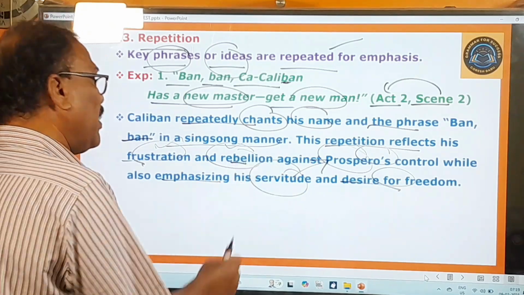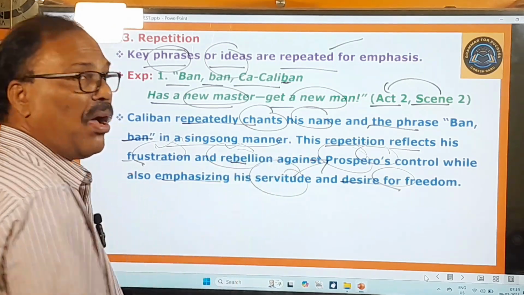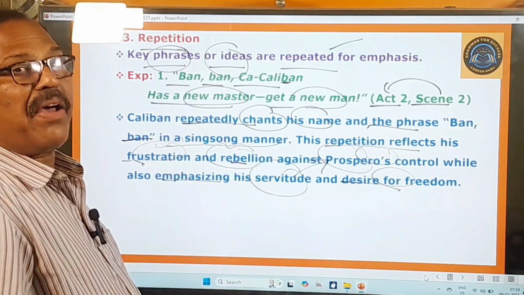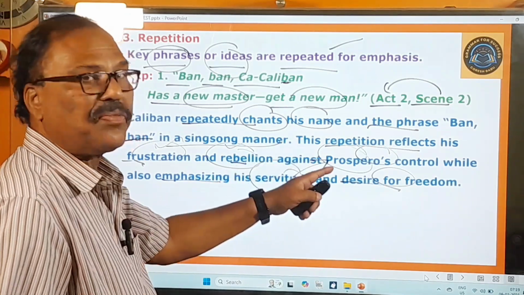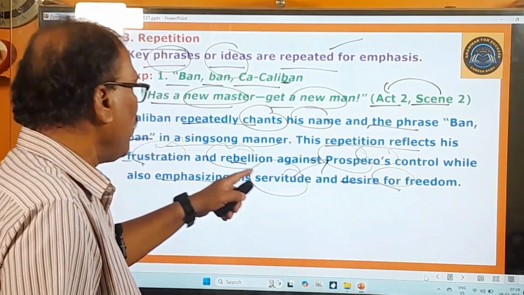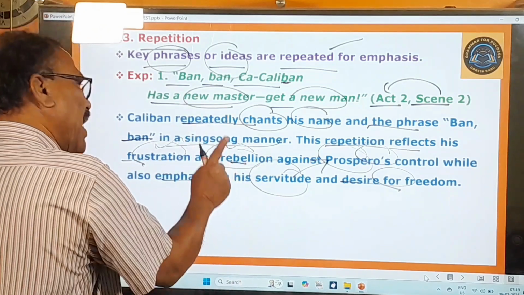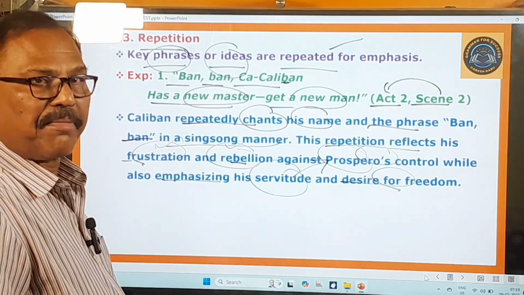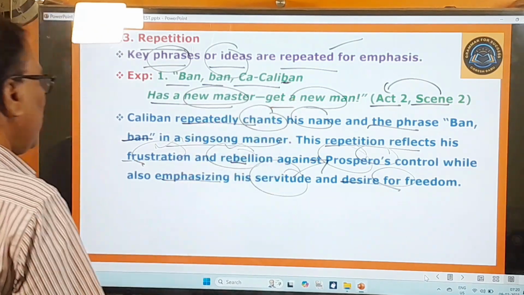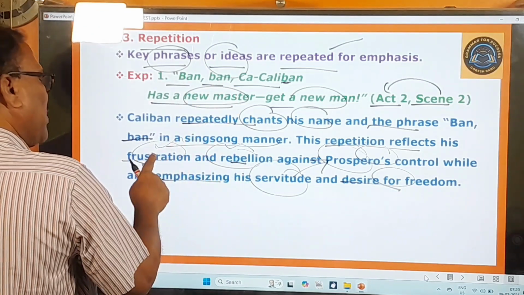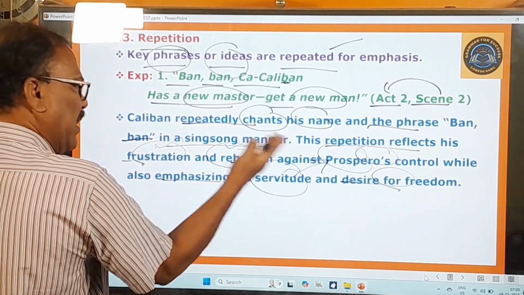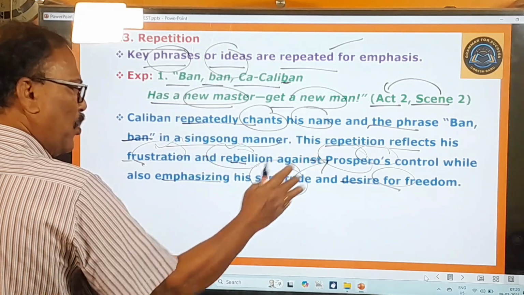You know very well, he decided to rebel against Prospero along with that Stefano and Trinculo. They staged an unsuccessful rebellion against Prospero, and in that rebellion, this Caliban also participated along with Stefano. So in that way, while singing this song, this Caliban started expressing his frustration, rebellion against Prospero's control. Okay, right.